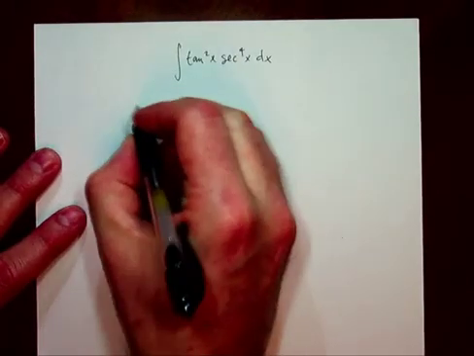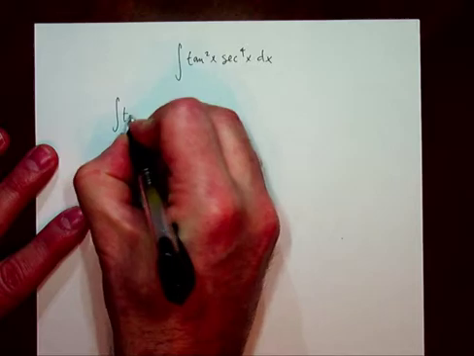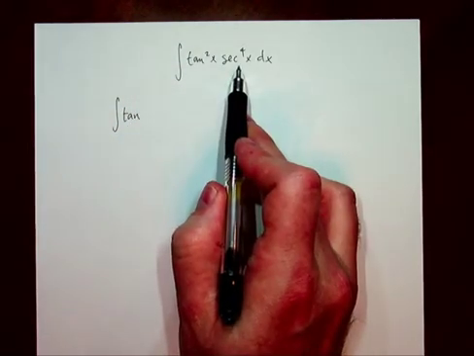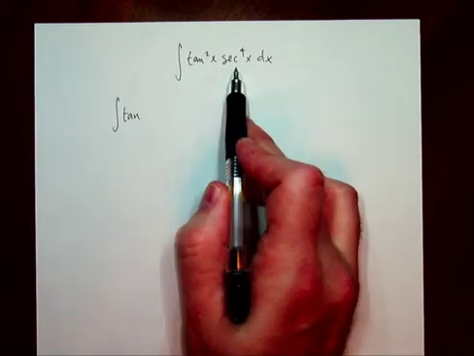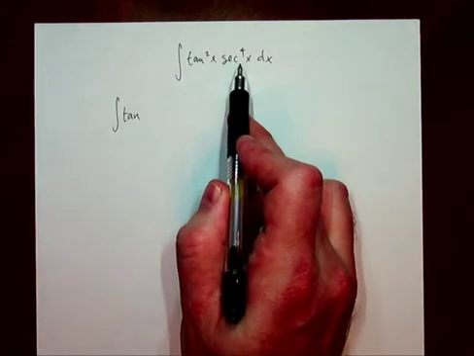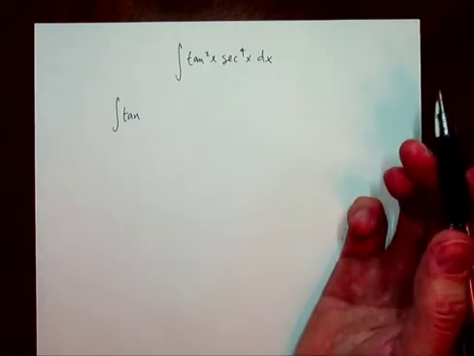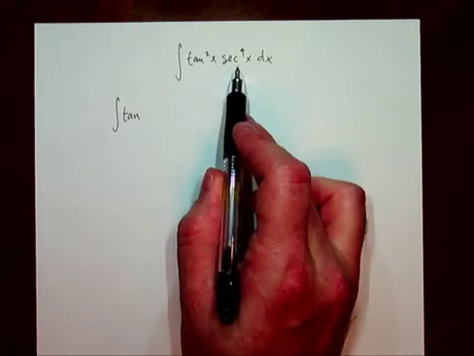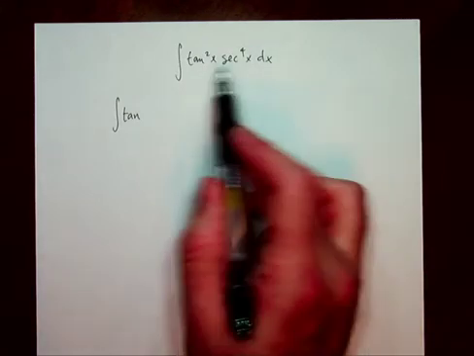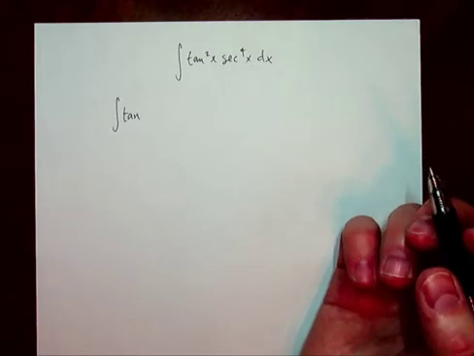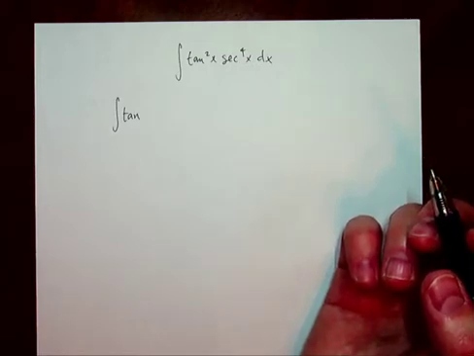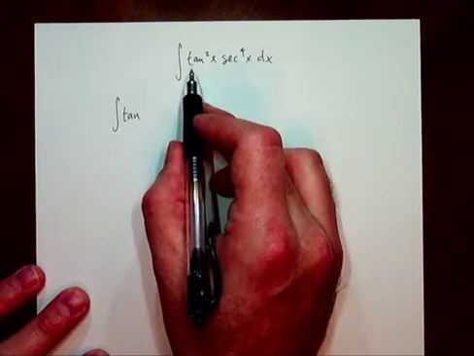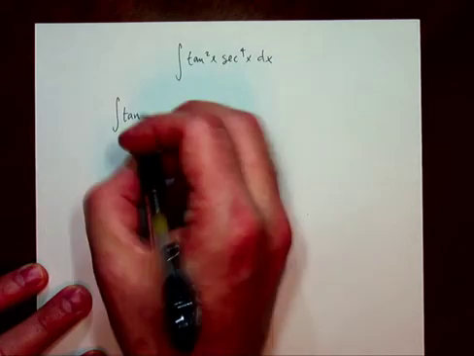Well, you know that you can't have secant tangent as the derivative, because if you pull one secant and one tangent out, then they both wind up being odd, and you can't change one of them into the other. Because in order for secant tangent combined with the dx to be the du, I would need, after I pull it out, to have tangent still raised to an even power. But in this case, it's not.